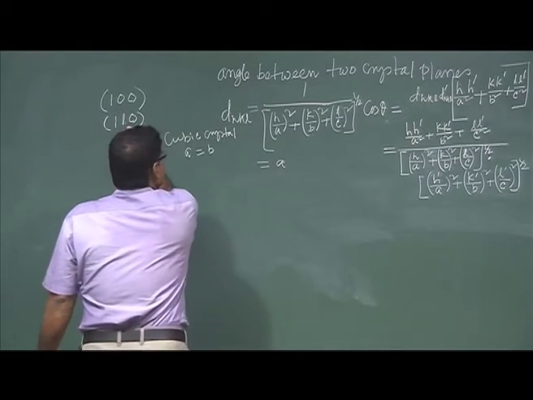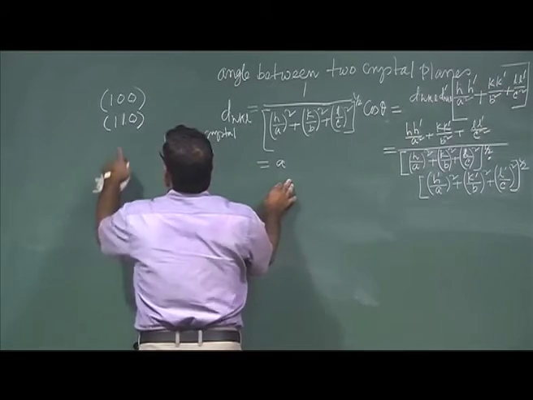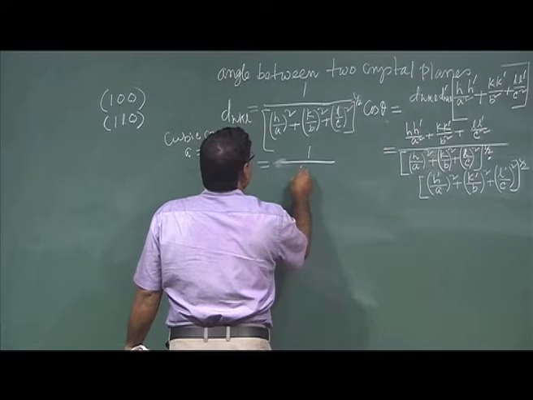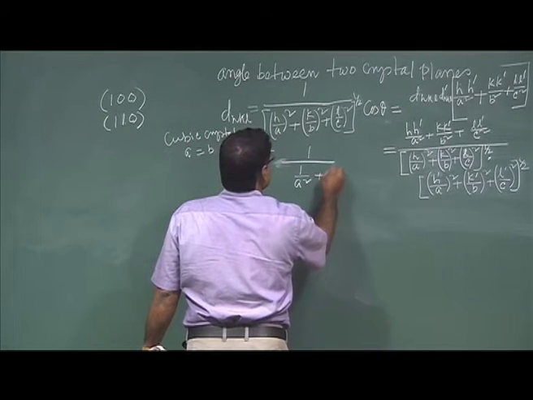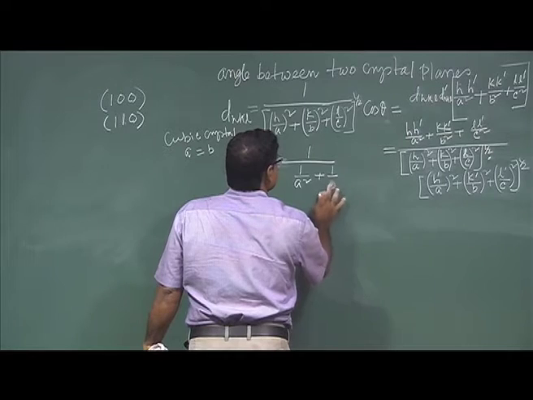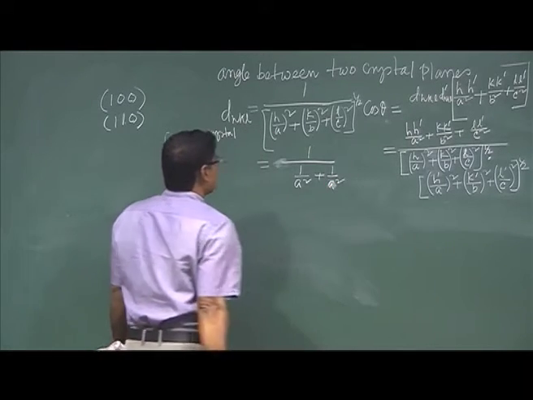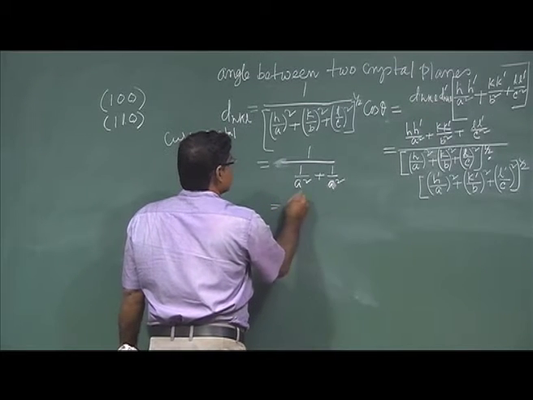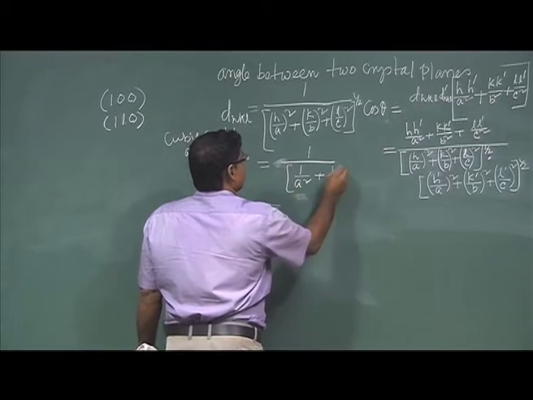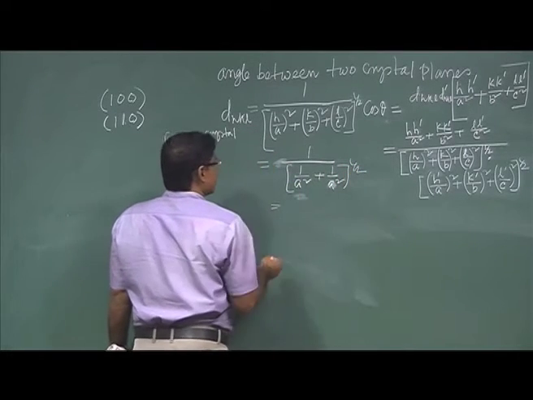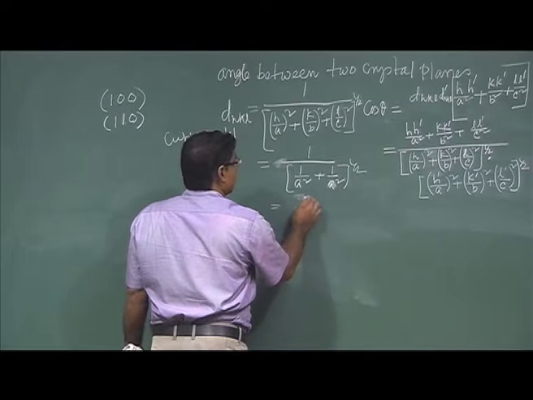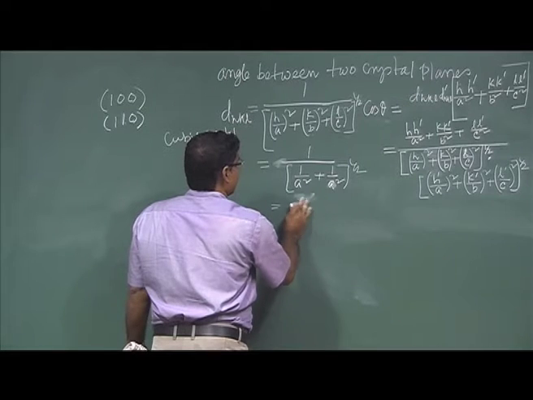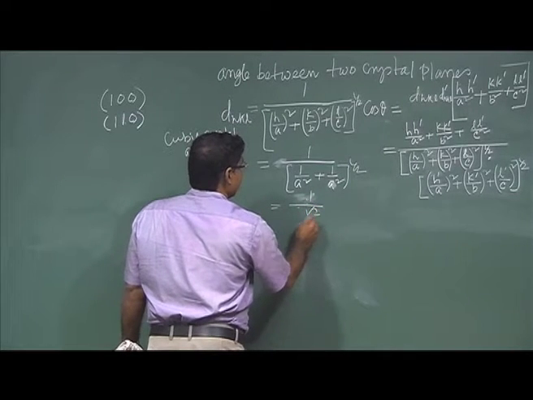So for this, what will be the value? Basically 1 by a square plus 1 by b square. So b will be a, okay, so it is basically 2 by a square. The square root is there, so it will be 1 by root 2 a.